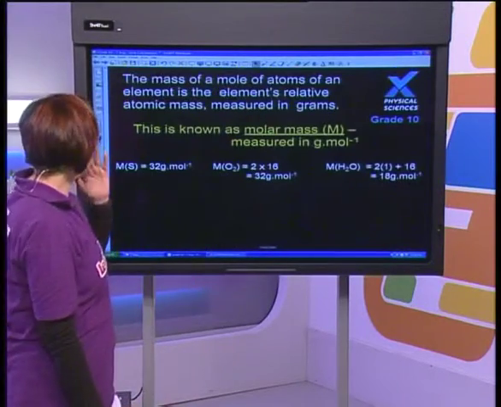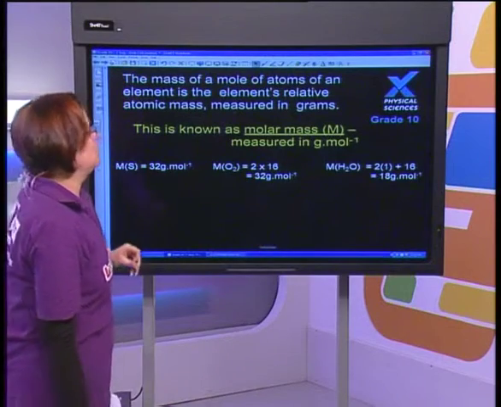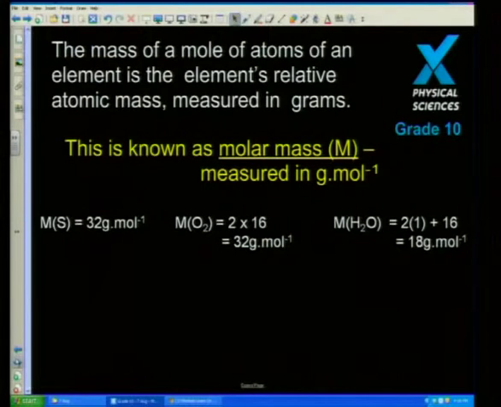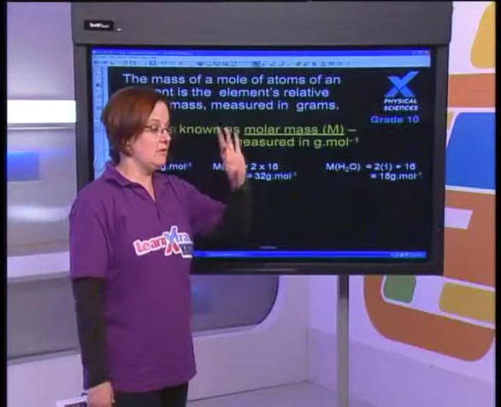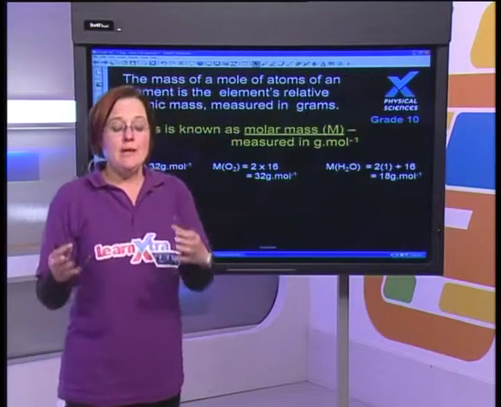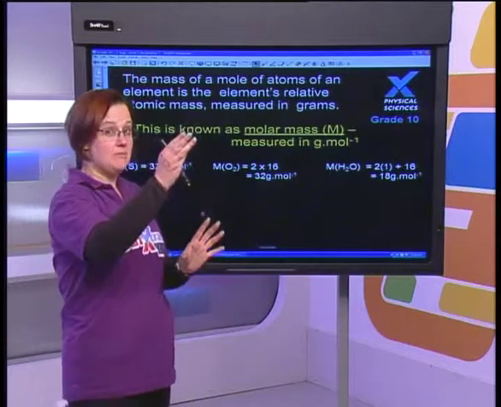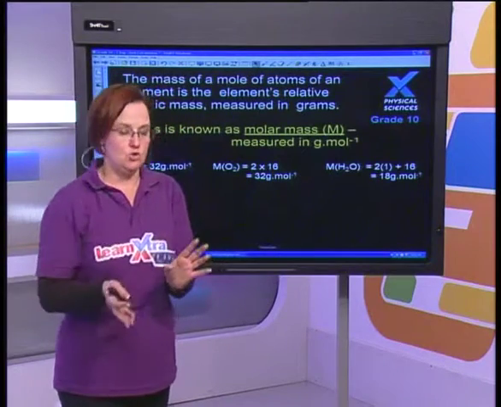Okay, so now we get on to what molar mass is. The mass of a mole of atoms is the element's relative atomic mass given in grams. Relative atomic mass, relative molar mass, relative molecular mass, any of those terms means we're comparing the mass to carbon, and the value is the same as the mass number on the periodic table without any units.